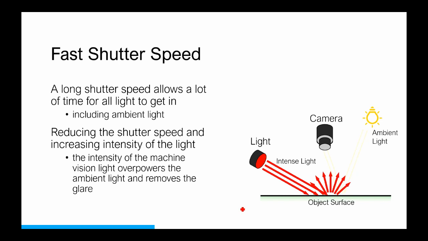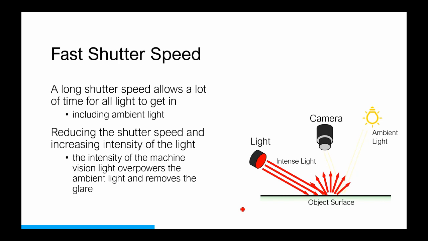So if you have your shutter speed and you're getting ambient light causing a glare, essentially our camera has an exposure time that is long enough for our ambient light to shine down onto our sample and reflect off into our camera and cause a problem.